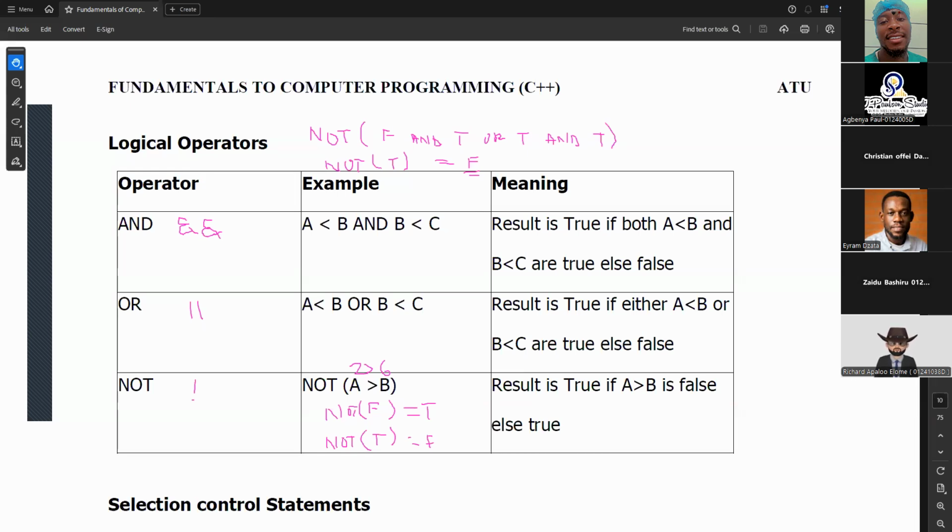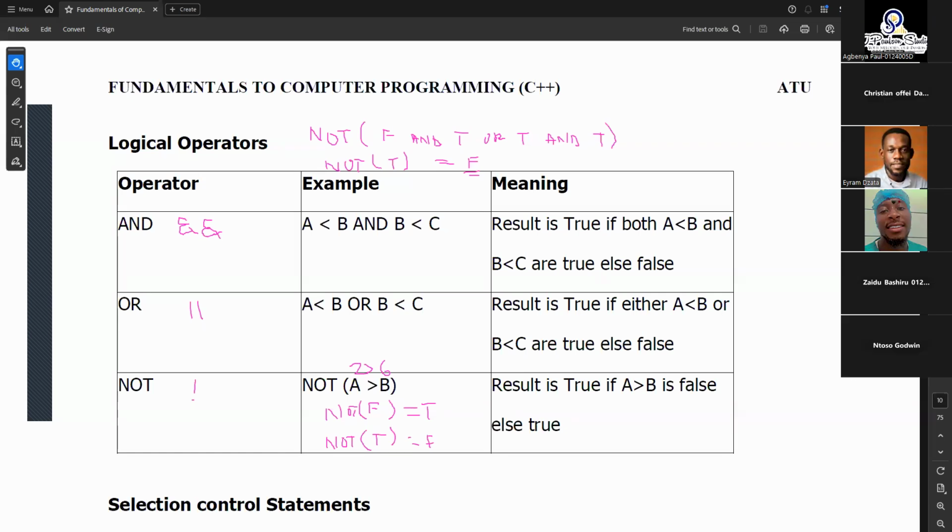The first statement means that 2 is less than 6, which is supposed to be true, but he said false. That was when I raised my hand to correct that. Okay, but I think we corrected it along the way, right? I don't think so. Yes, I think we corrected it because everyone was following.